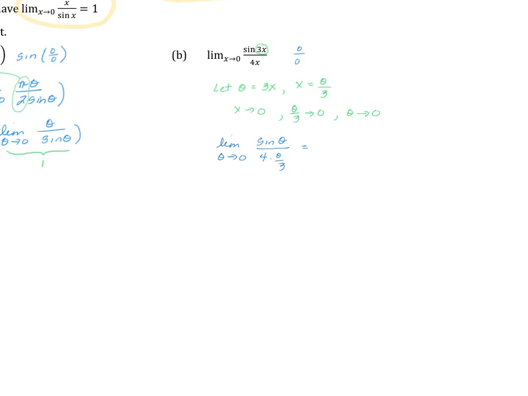In the denominator I can bring out the 3/4, because we're flipping it, times the limit as theta goes to 0 of sine of theta over theta. And by our theorem, we know that this limit is equal to 1. So this whole limit is going to be equal to 3/4.